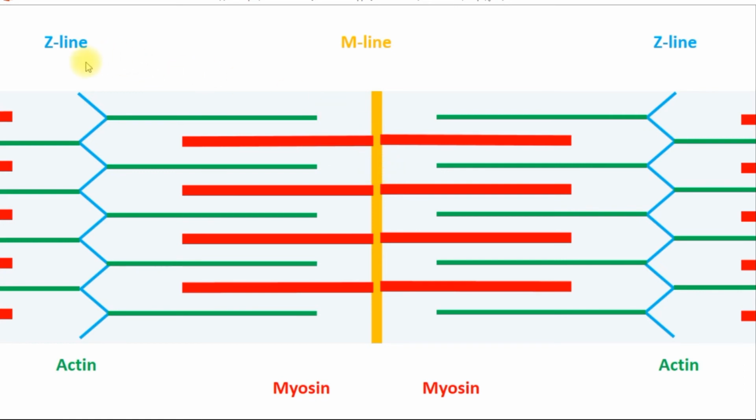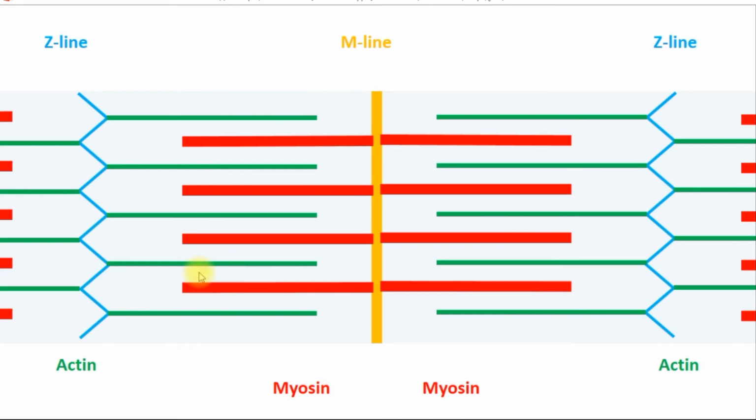So try to remember that actin filaments are attached to the Z-line, and myosin filaments are attached to the M-line. They have a longitudinal orientation, and there are some regions where only actin filaments are present, only myosin filaments are present, or both types of filaments are present.